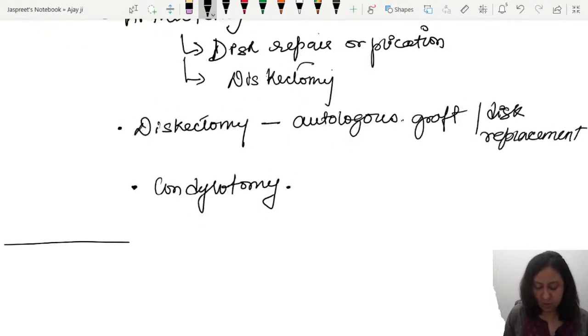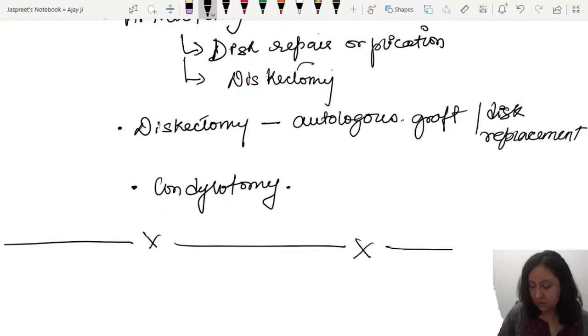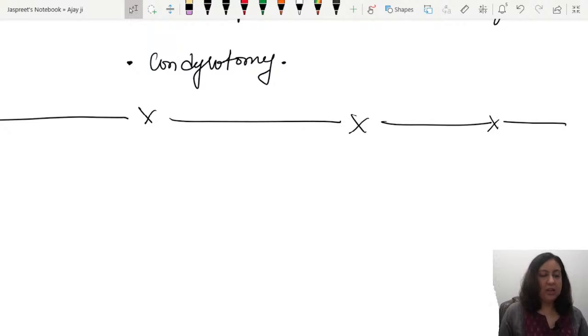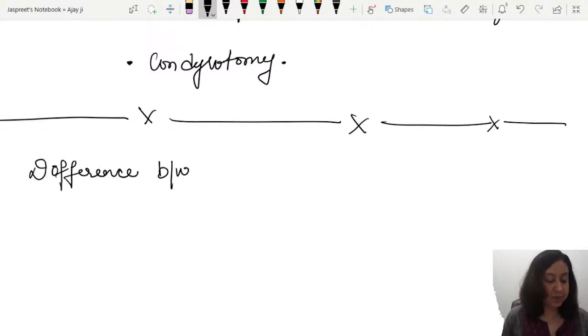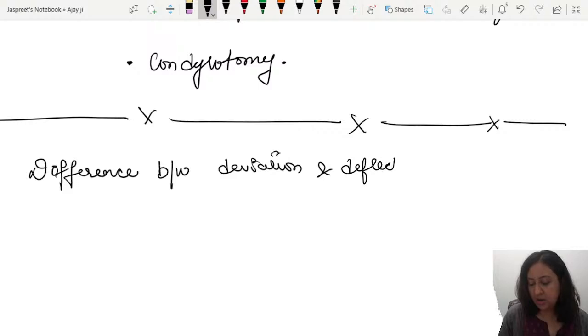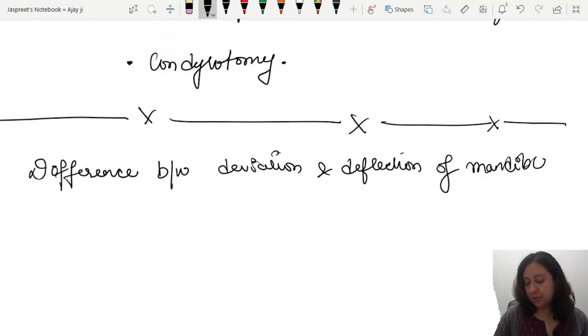Now, I had seen a question somewhere. There is a difference between deviation and deflection of mandible.